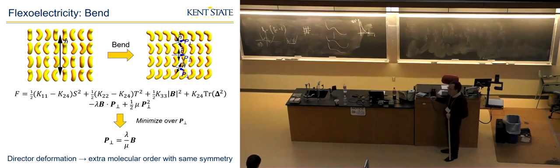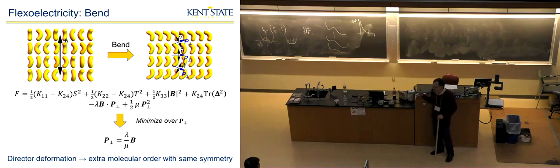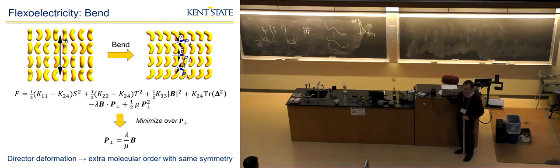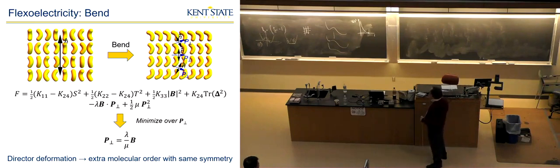Okay? This really happens. This is called the flexoelectric effect, or more specifically, the bend flexoelectric effect. It was discovered by Robert Meyer back in the 70s, based on symmetry considerations like this, and it's been studied in the lab for many years.